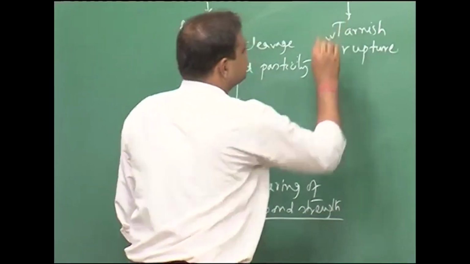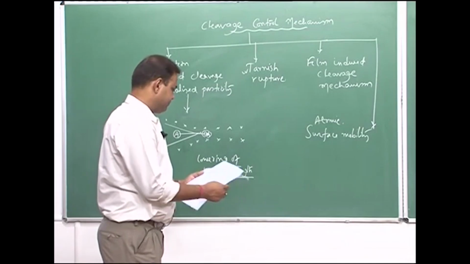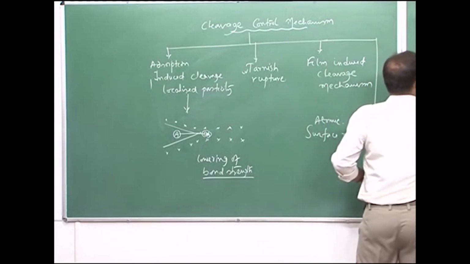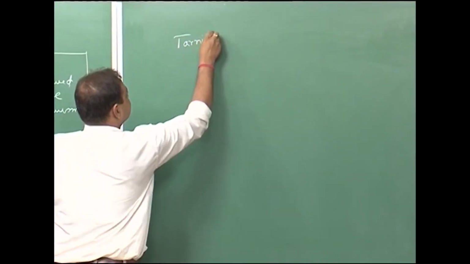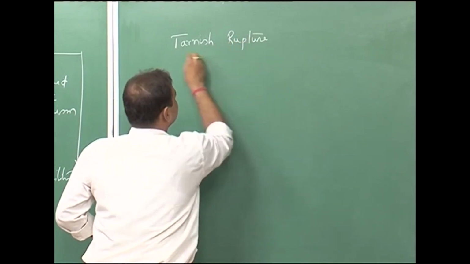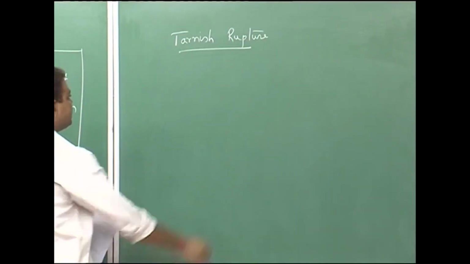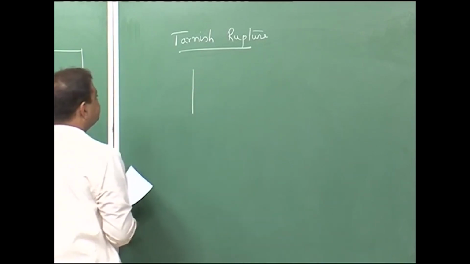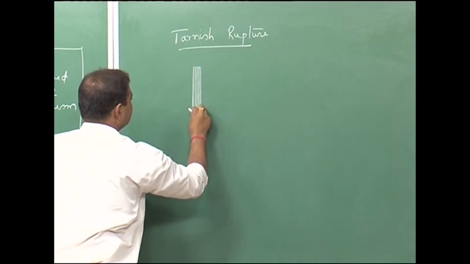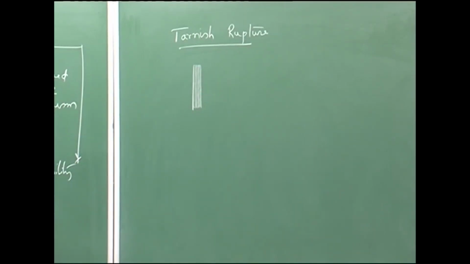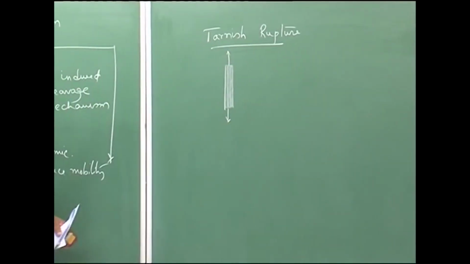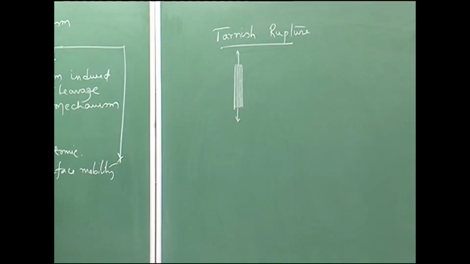In case of the tarnish rupture mechanism, let us say we have a passive film, like this. This is the passive film, and it is under static tensile stress.